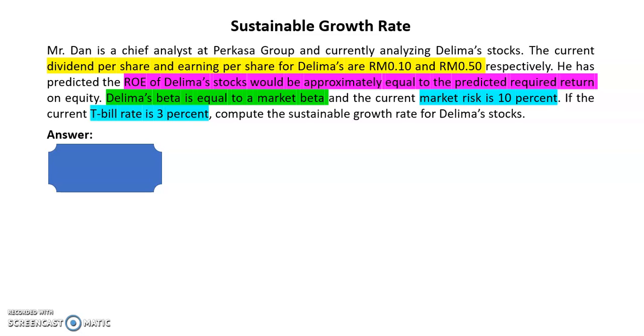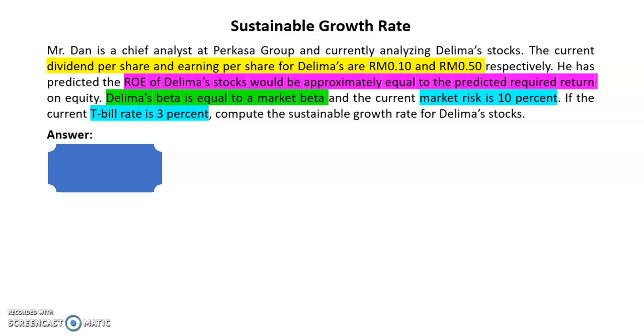Yes, the formula is using CAPM, or capital asset pricing model. In order to calculate the required rate of return, we need information such as beta, risk-free rate, and also risk premium.